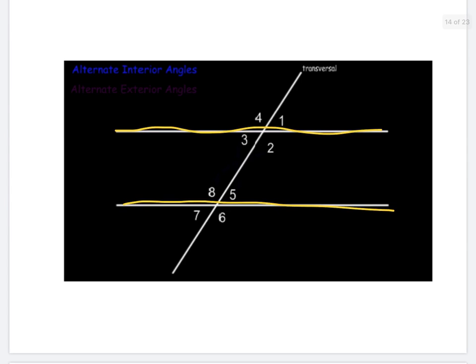So the inside angles in this picture are number 2, number 3, number 5, and number 8. So alternate interior, the definition was that they were on the inside, but they were on opposite sides of the transversal. And again, what I'm coloring in the same color has the same measurement.